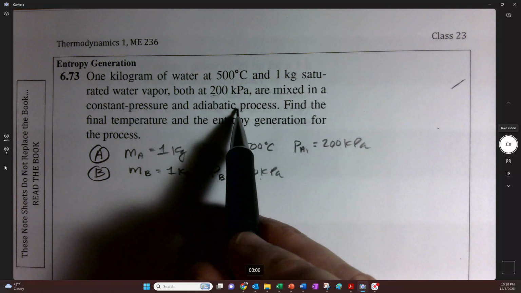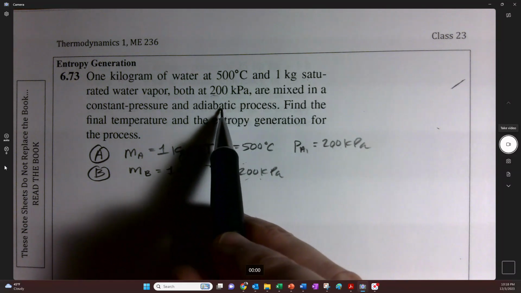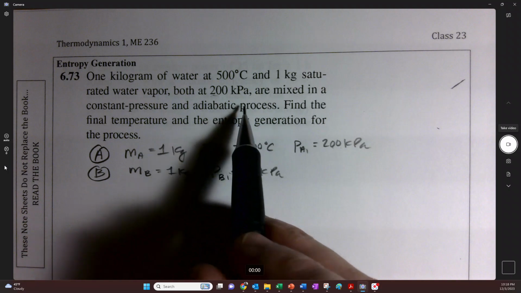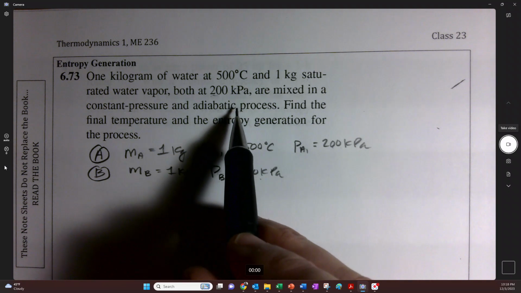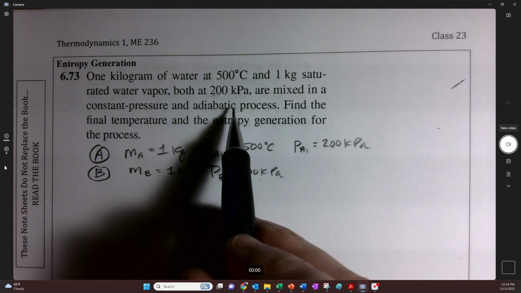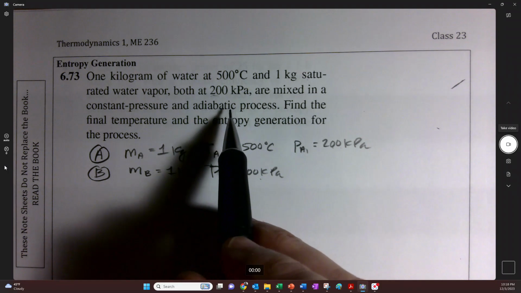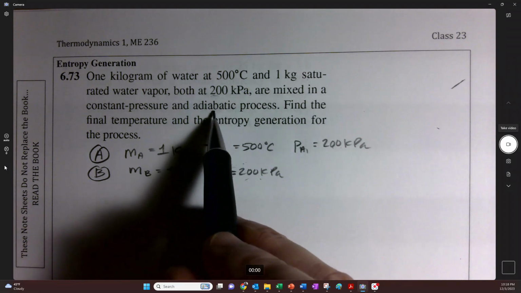And adiabatic, right? It's an adiabatic process, but that doesn't mean that we don't generate entropy. Here is an instance where it is adiabatic, but not isentropic.